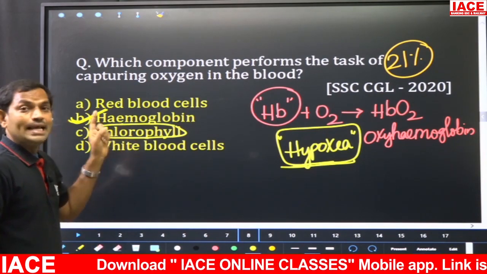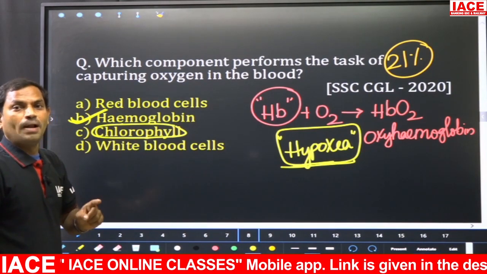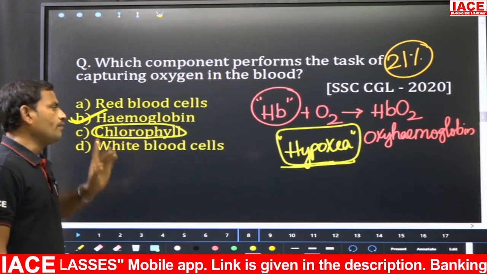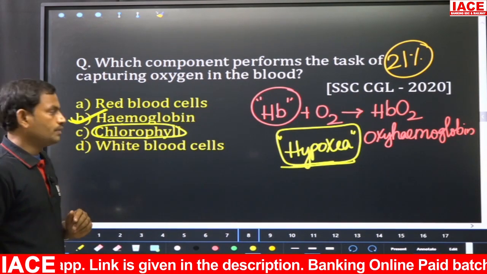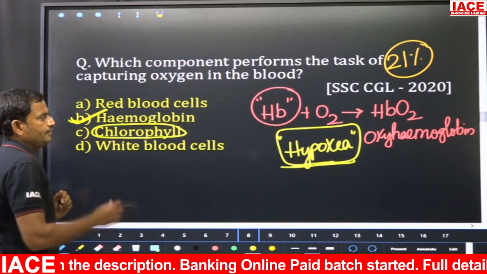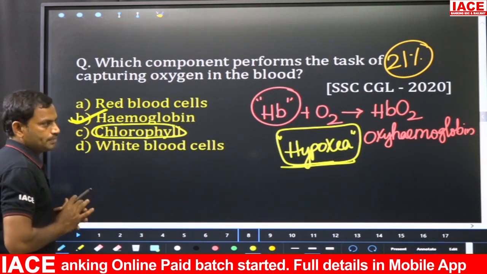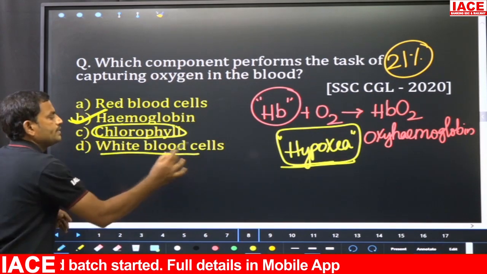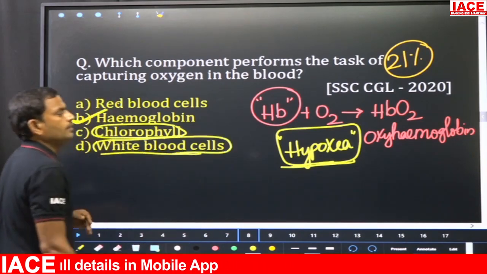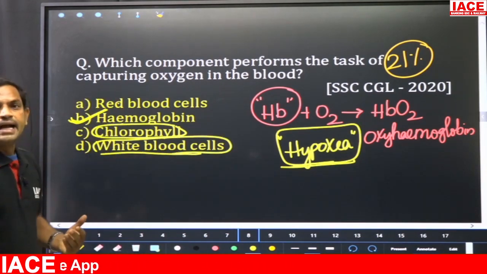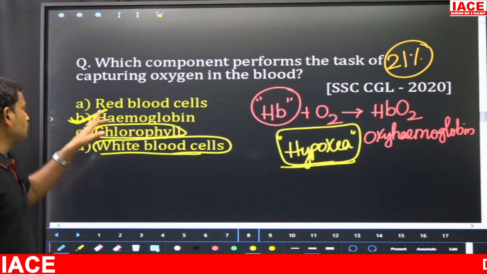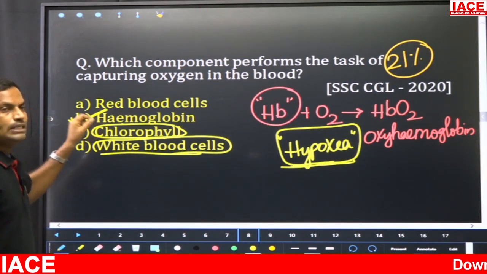So chlorophyll is a pigment, chloroplast is a cell organelle involved in trapping solar energy, right? That's why it is a photopigment, whereas hemoglobin is an oxidizing pigment. Clear? Then white blood cells are the cells which are involved in fighting against the microbes, right? So option B is the correct answer for this question.